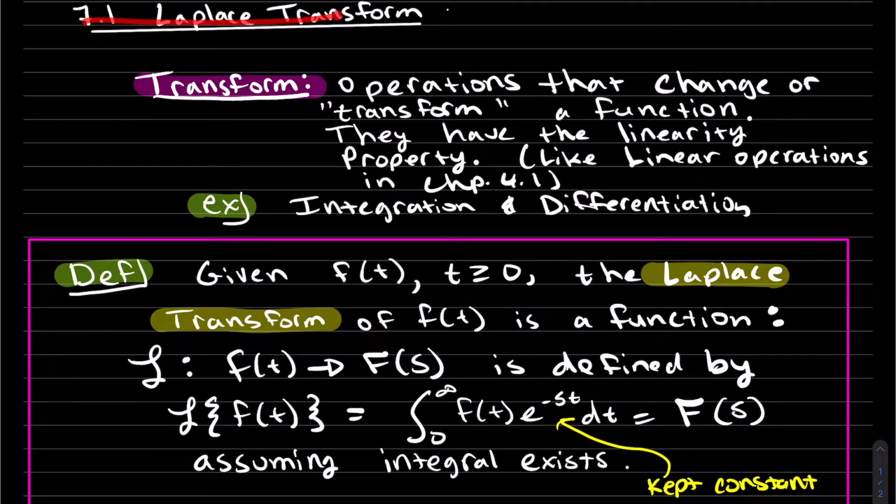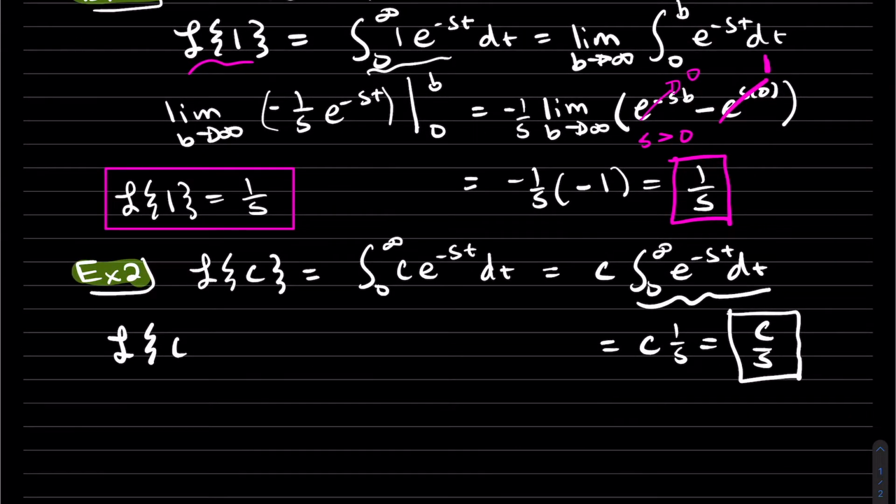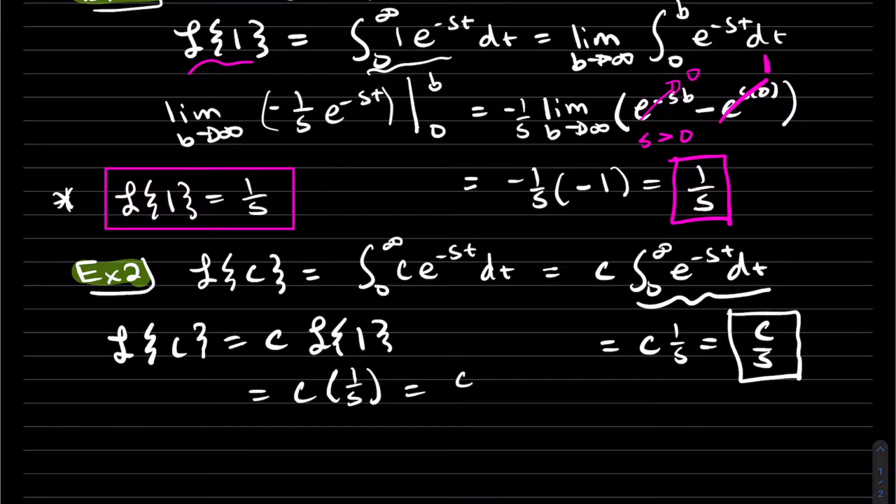So transforms have the linearity property, which means we could have done that from the get-go. That constant can come out in the front, and what's left inside there is 1. The Laplace of 1 is 1 over s that we found right here. So it's c over s.